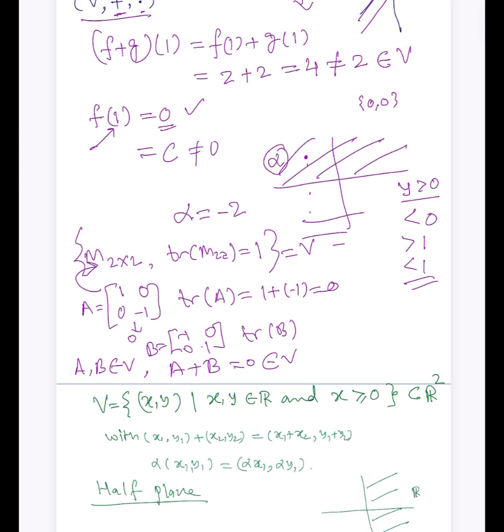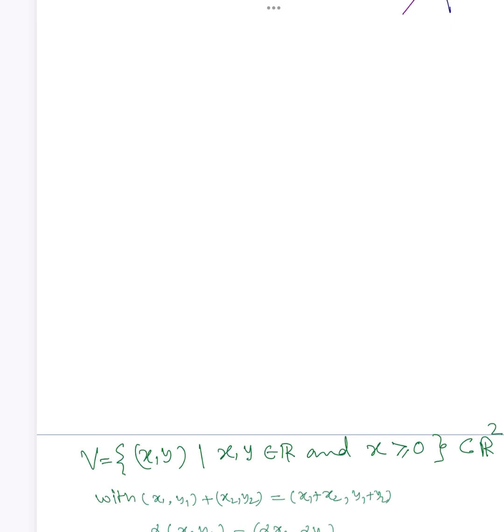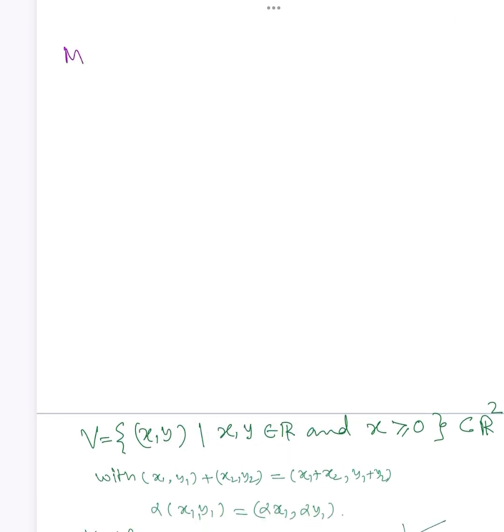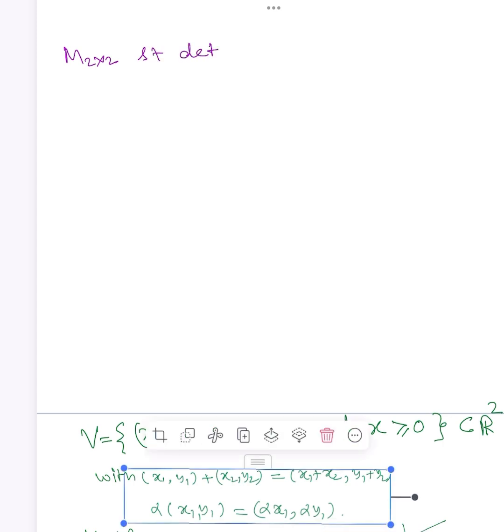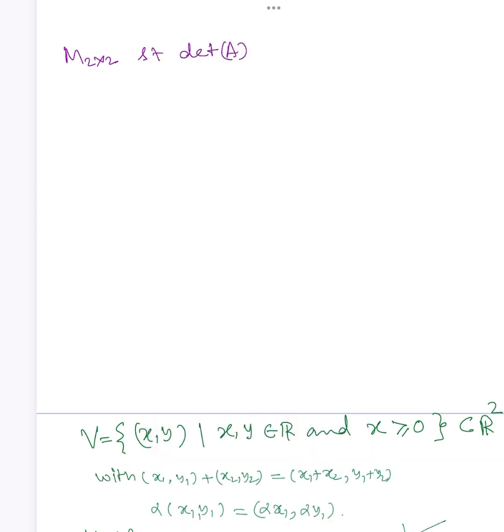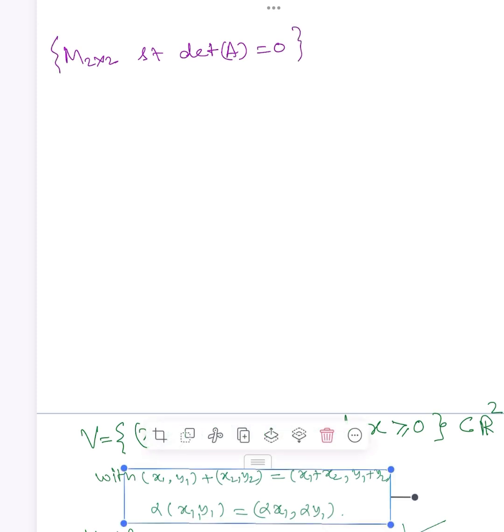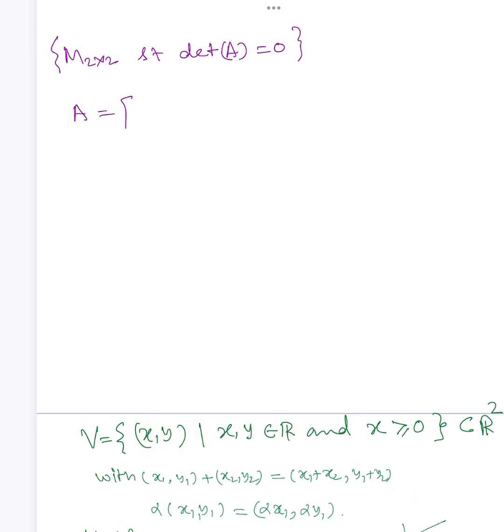Okay. Another example is the set of all 2 by 2 matrices such that the determinant of A is 0. Suppose I take matrix A as 1 0 0 0 and another matrix B as 0 0 0 1, both with determinant 0. What happens?